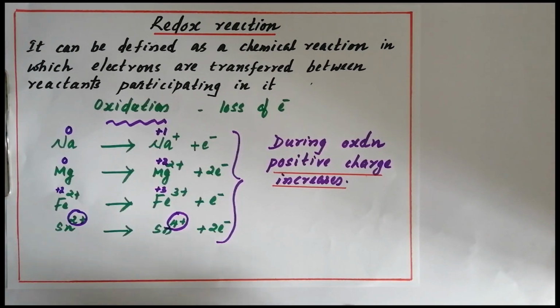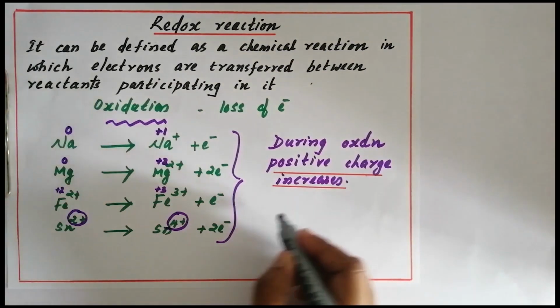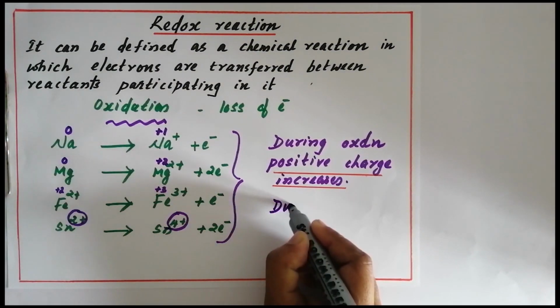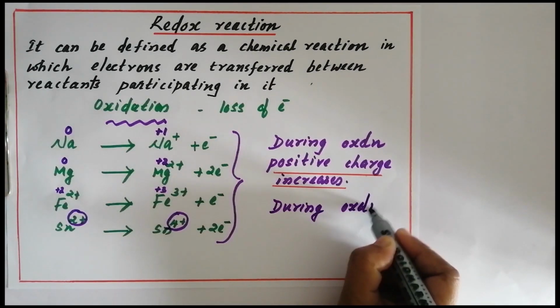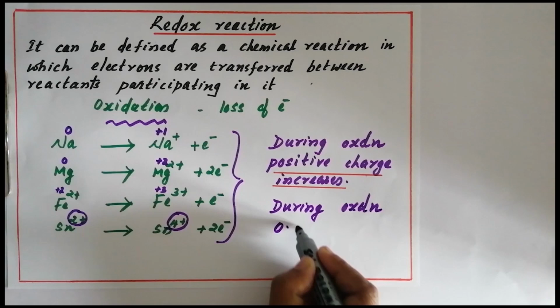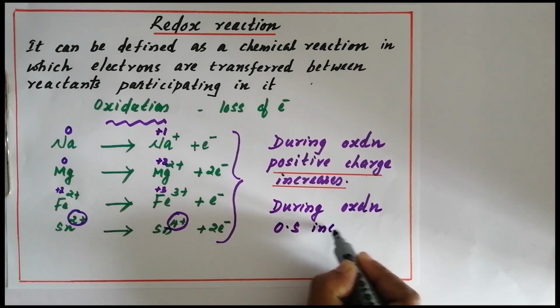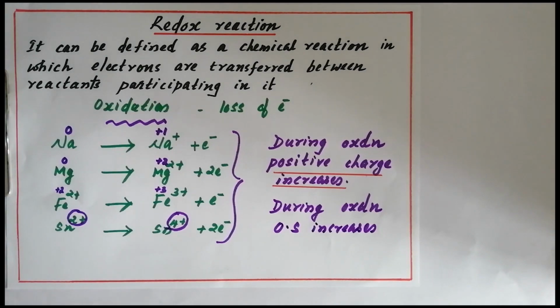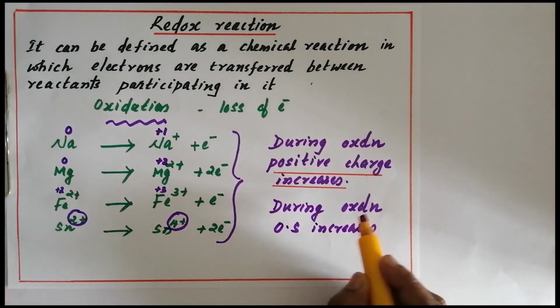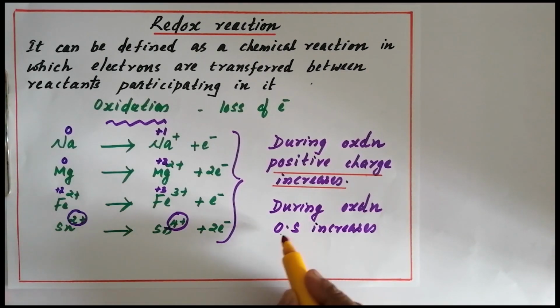So oxidation is also defined as a process in which there is an increase in oxidation state. So what is happening during oxidation? That is during oxidation, the oxidation state increases. The process in which there is an increase in oxidation number is called oxidation.